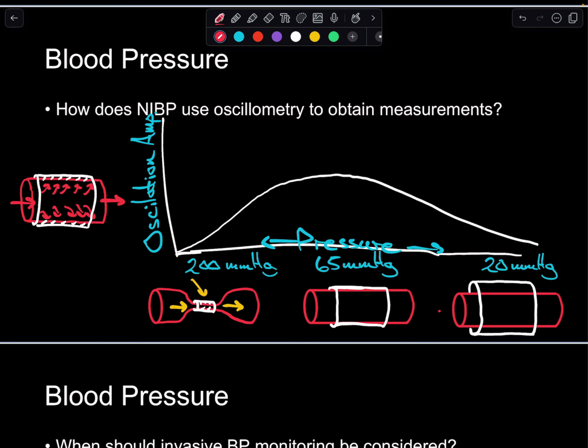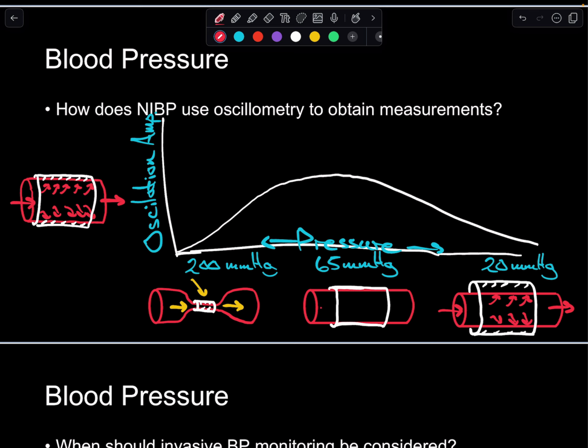On the other end of the spectrum, when the blood pressure cuff begins to deflate, you still have blood that's passing through the artery. And you have these sensors on the walls of the blood pressure cuff, but they're not in as close of contact with the blood that's flowing through the artery. So they also sense these oscillations caused by the pulse, but to a lesser degree.